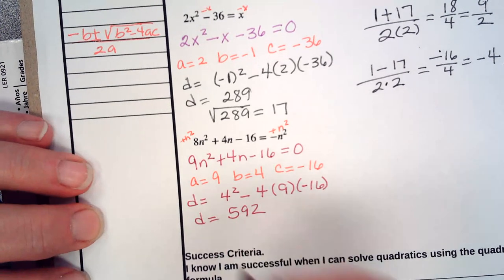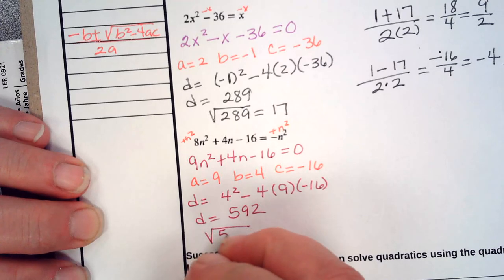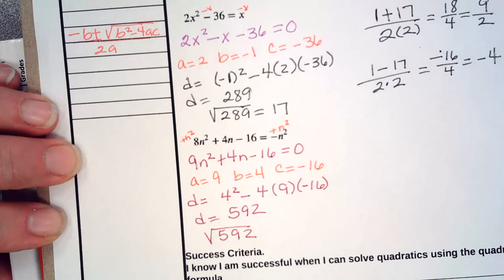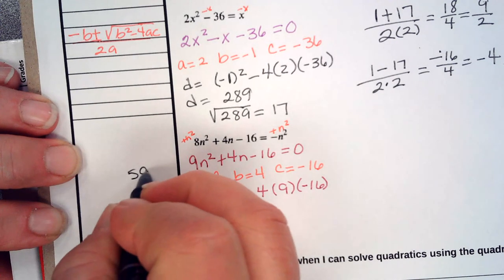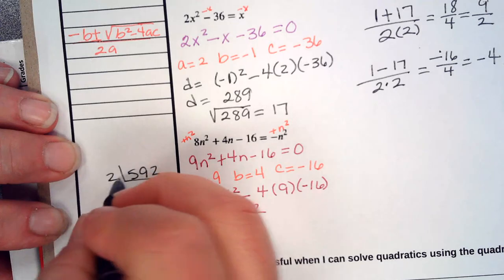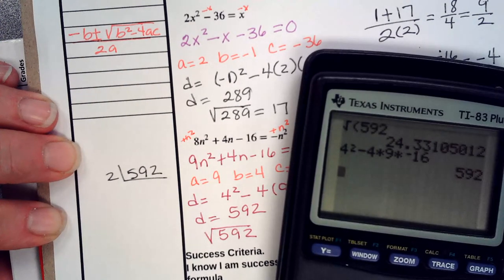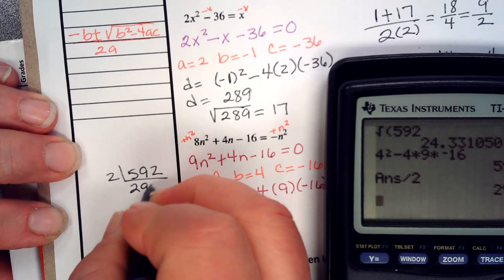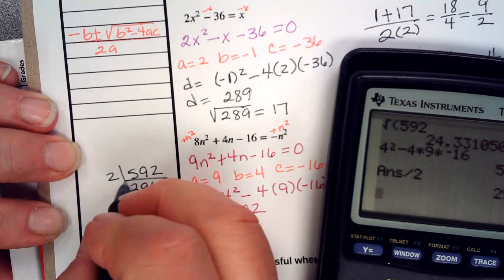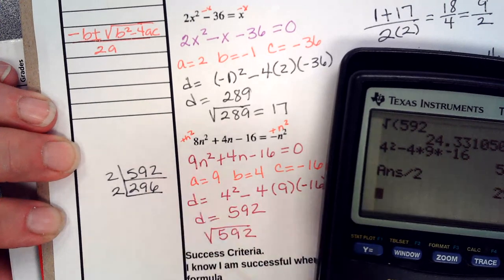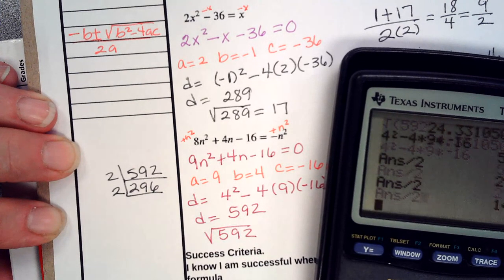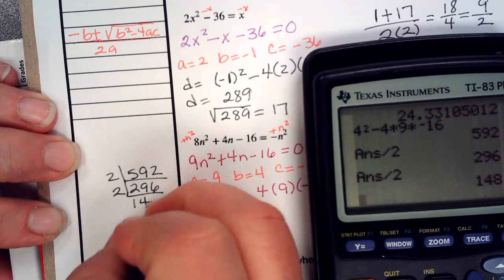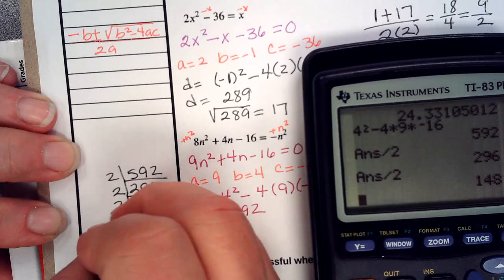This is where you have to use your ability to simplify a square root. So we're looking at the square root of 592. Well, number one, 592 is even. So I'm going to divide it by 2. I get 296. 296 is even, so I divide it by 2 again, and I get 148. 148 is even, so I divide it by 2 again.